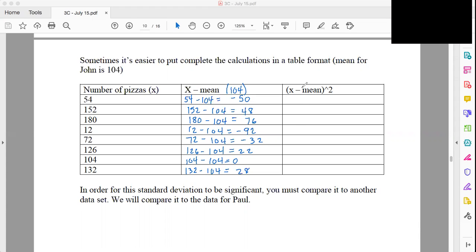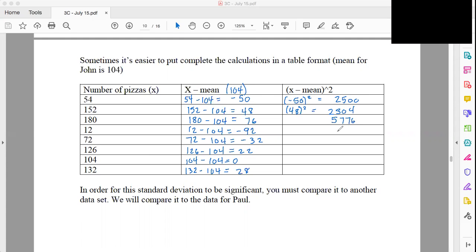Then our next step is to square this answer. So you do negative 50 squared, which is 2,500. And you keep going on.